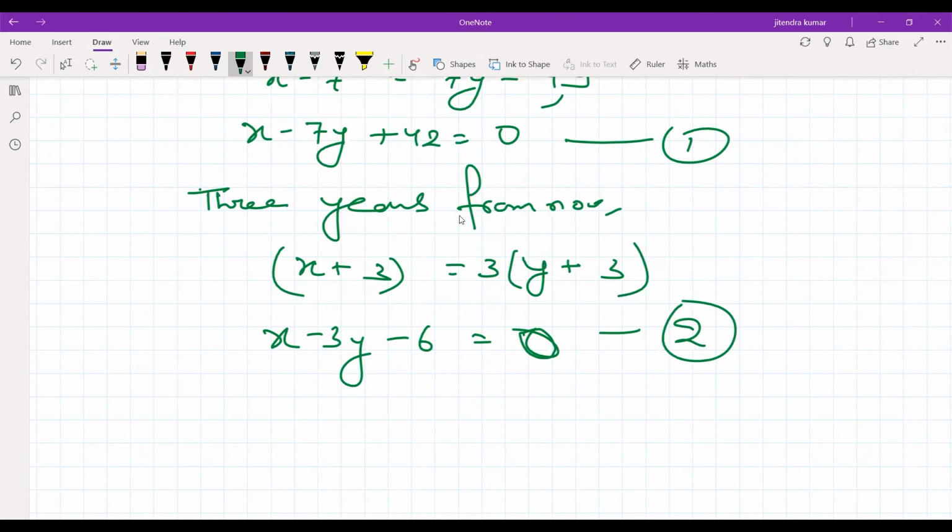We are not talking about the solution, but a1 by a2 is 1 and b1 by b2 is 7 by 3. So a1 by a2 is not equal to b1 by b2. It means they are going to intersect each other and they will have a unique solution. So this is case 1.